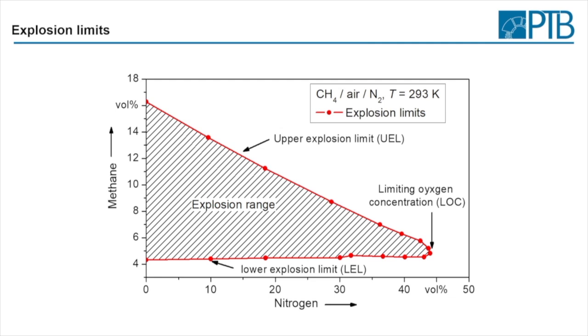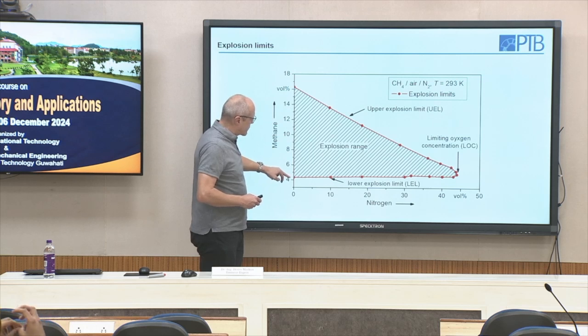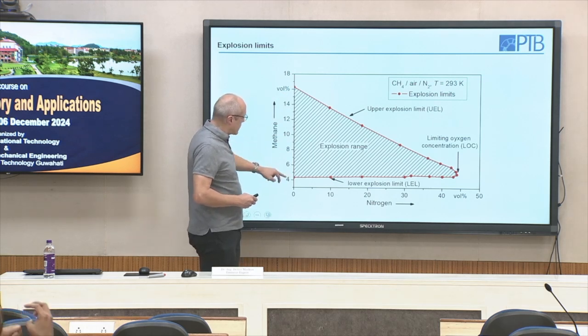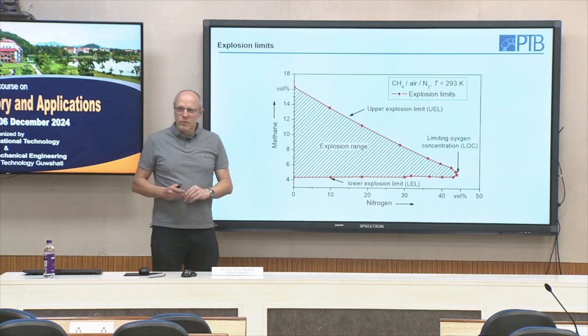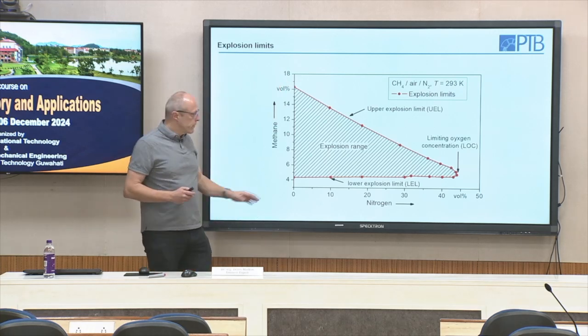So if we add nitrogen to our mixture, we of course can influence the explosion range. Here we have the limits using the European standard, 4.4 and 17.2% of methane in air.